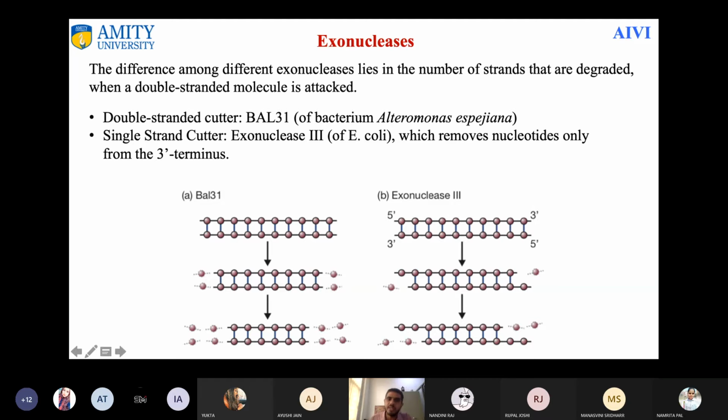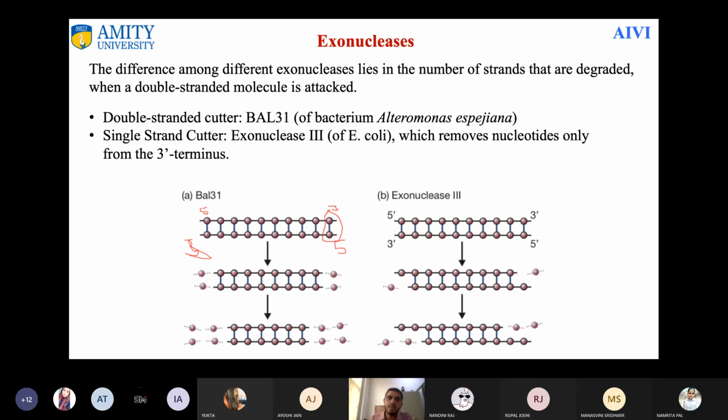Here you can see the first case, when the cut is at both ends. This is the 5', this is going to the 3', this is the 3', and this is the 5'. So it is breaking at the 3' and the 5'. Both strands are being cut, so we have a double stranded cutter.